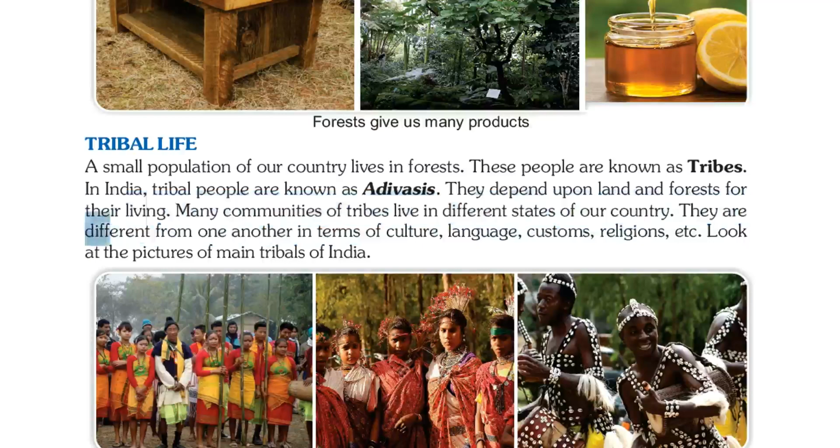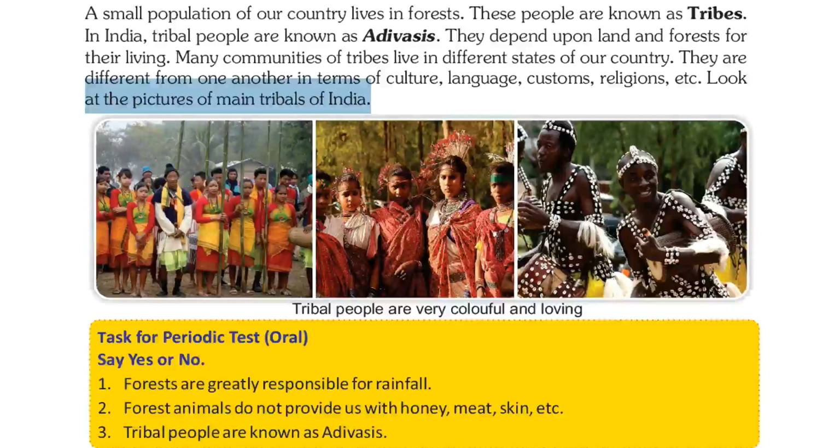They are different from one another in terms of culture, language, customs, religions, etc. Look at the pictures of main tribals of India. These are the tribal people. Tribal people are very colorful and loving.